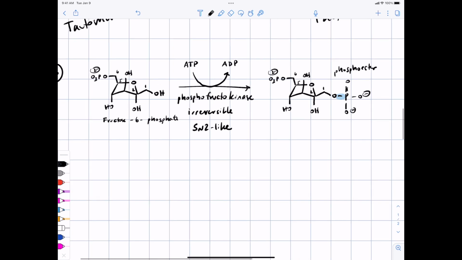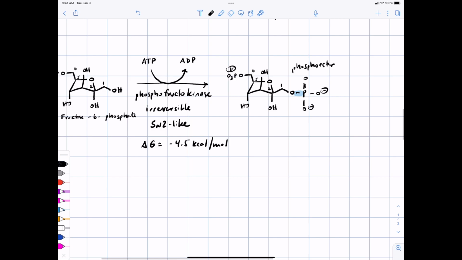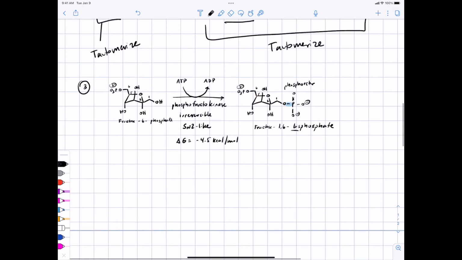It's downhill in energy, not by quite as much as the first step was, but still by a number that's big enough that the equilibrium constant should be something like 1,000 to 10,000. And the product is called fructose 1,6-bisphosphate. Bis for two, okay, two phosphate groups.